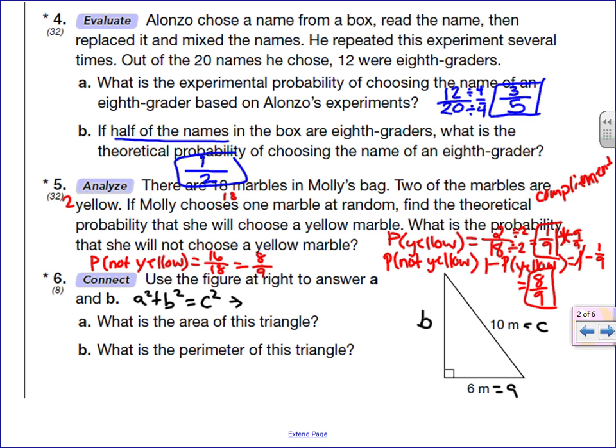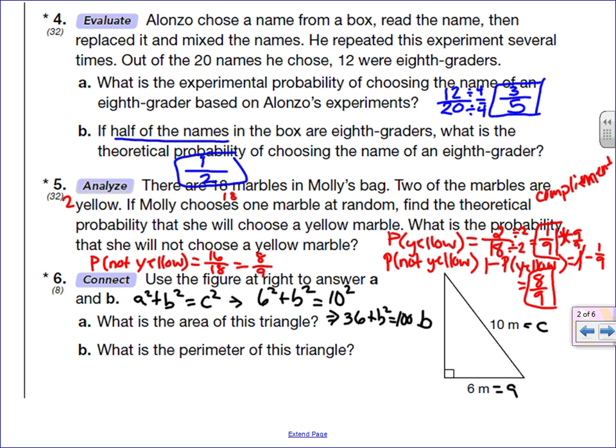So that turns into, if we put the numbers in, 6 squared plus b squared equals 10 squared. So 6 squared is 36, plus b squared is 100.